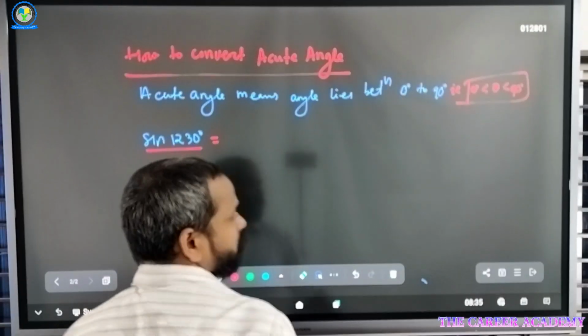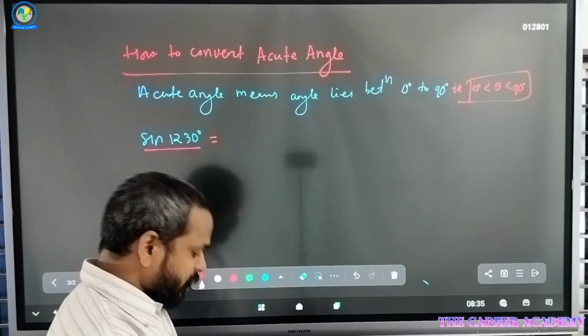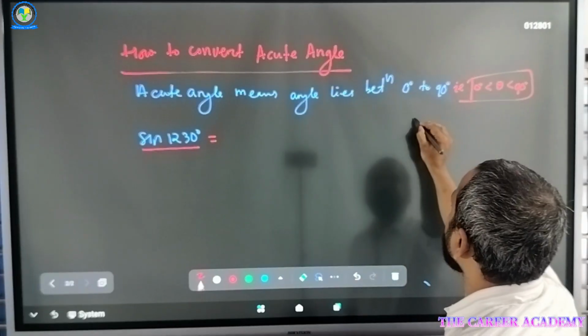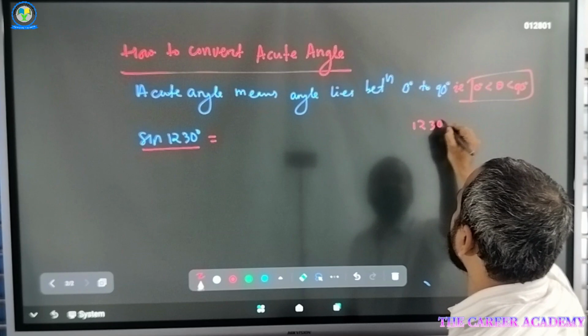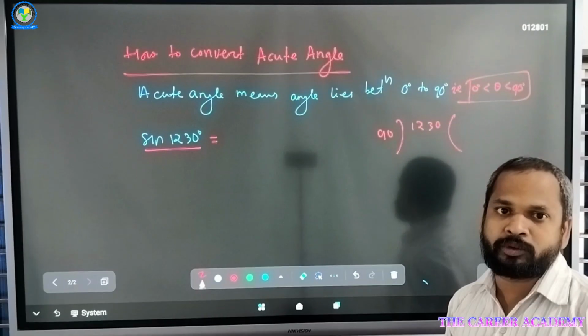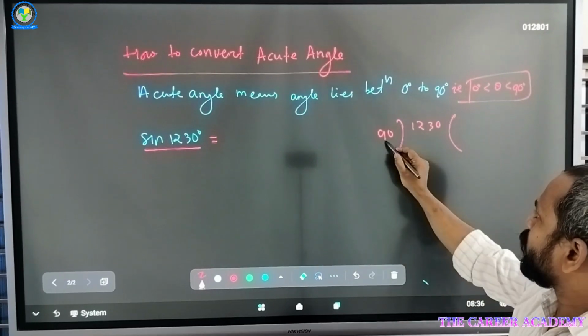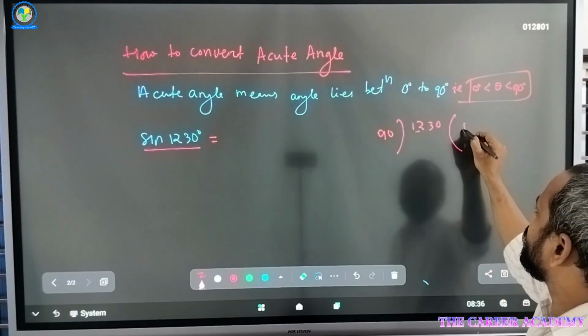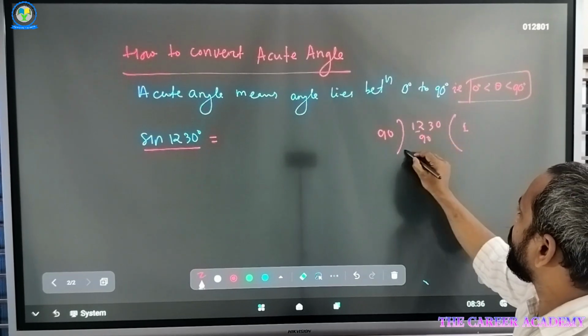Whenever you want to convert into an acute angle, how can you do it? The 1230 degree can be divided by 90. First you just divide by 90. So 90 into 12 is not possible, so 90 into 123, it is 1, 90.